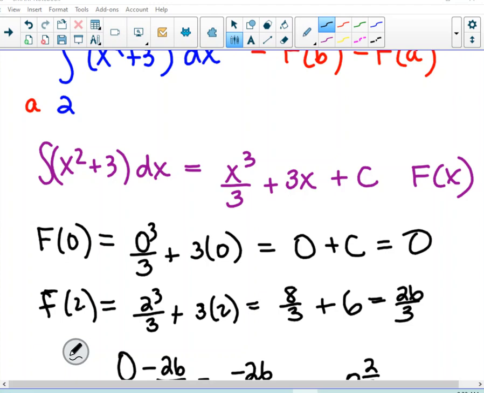So f of x, well, let me type it. Okay. So what did we do? X squared plus 3. And I don't know what all these other things are. But we're going from 0 to 2.